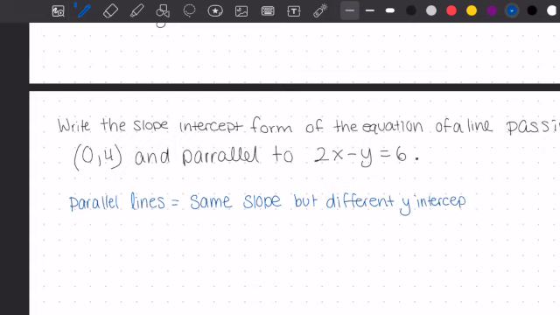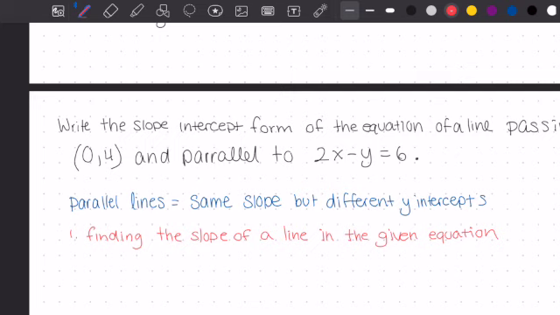So in a question like this, I want to start by finding the slope of a line in the given equation, not the point. Equation.